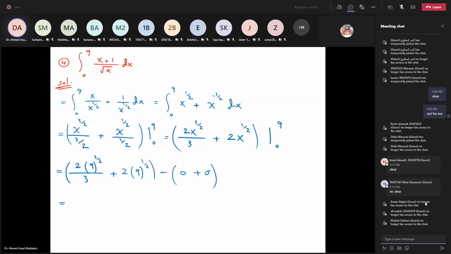Now √9 is 3, 3 to the power 3 is 27, so 2 multiplied by 27 over 3 plus 2 multiplied by 3. We can cancel 3 with 27, we have 9. 2 multiplied by 9 is 18, plus 2 multiplied by 3 is 6. So we have 24.